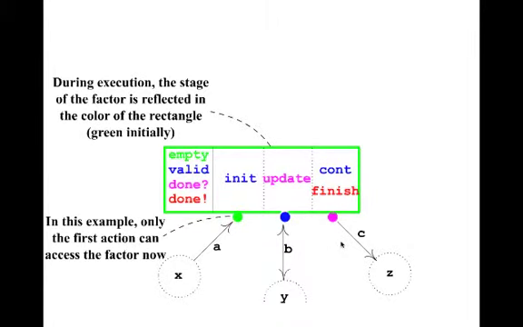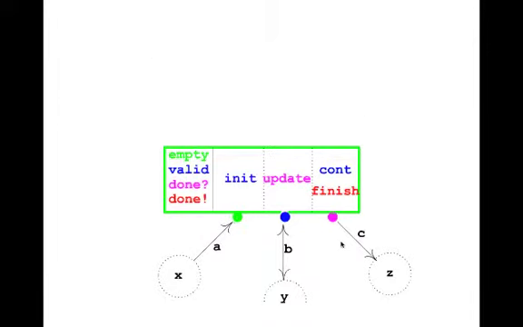All of them start in an initial control state, and green is the default. So in this case, X could access it. When X issues an init transition, it changes to blue, which allows Y to access it. Now Z can access it. Depending on whether it issues a cont transition or a finish transition, it will change the control state of the resource to the proper color.